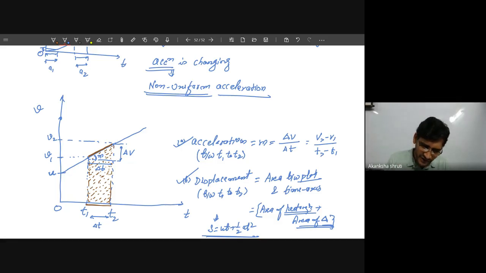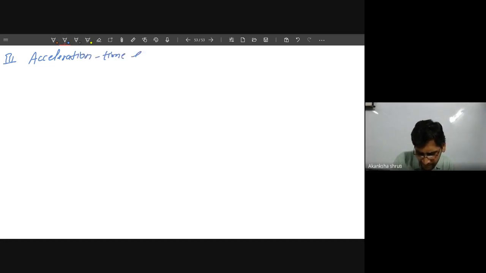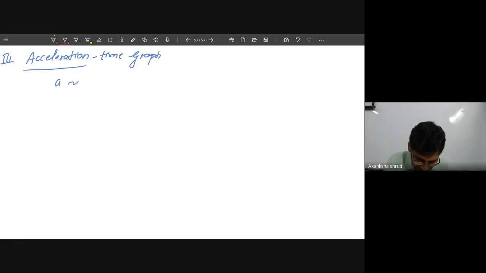Now, if I go for the third one, the acceleration time graph. Students, the third one is our acceleration time graph. In this case, we are going to plot the acceleration A along the vertical axis, the y-axis, and the time t along the horizontal axis.